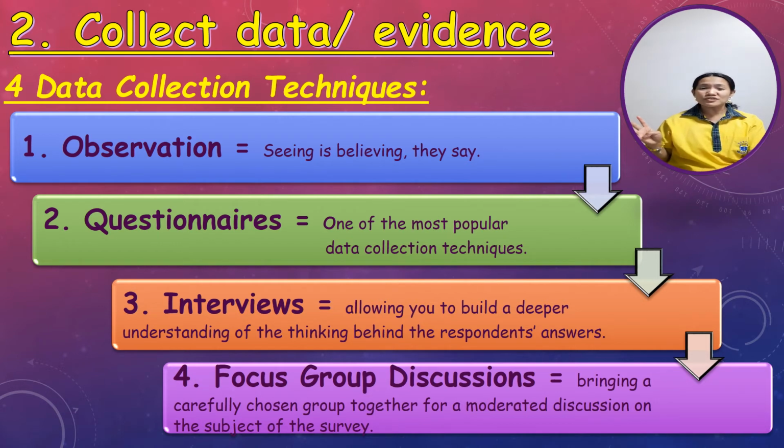So if you saw it yourself, then you will really believe that it is true. Number 2, questionnaires, one of the most popular data collection techniques. You get to ask questions and you get the answer right away from the person you're talking to.